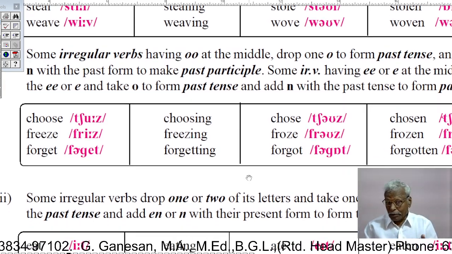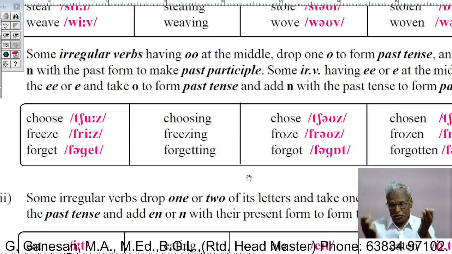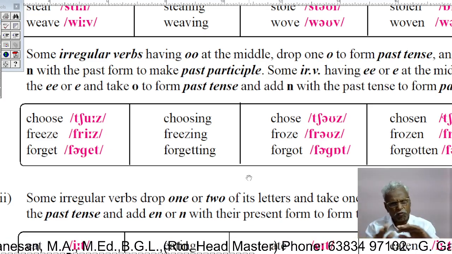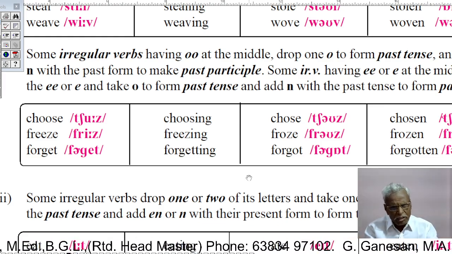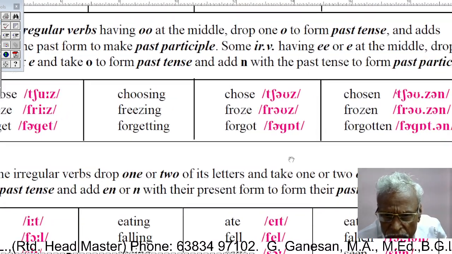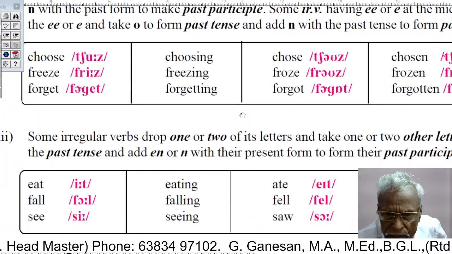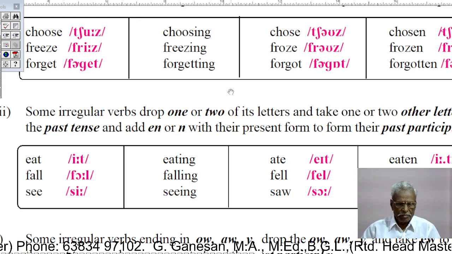See, there are no definite rules because these are irregular verbs. So they form the past tense and past participle in irregular ways. Then let us see the eighth one.